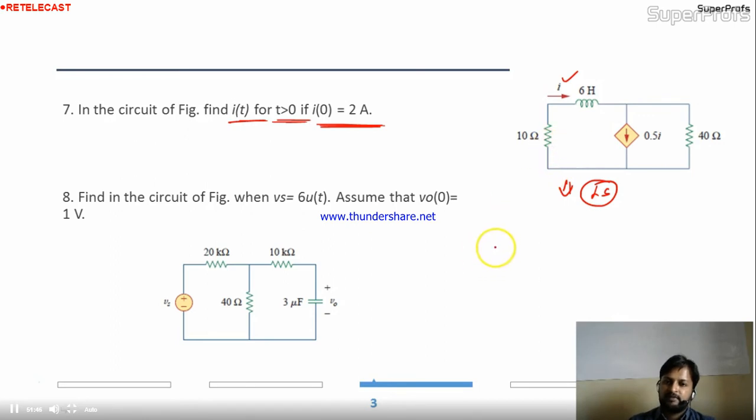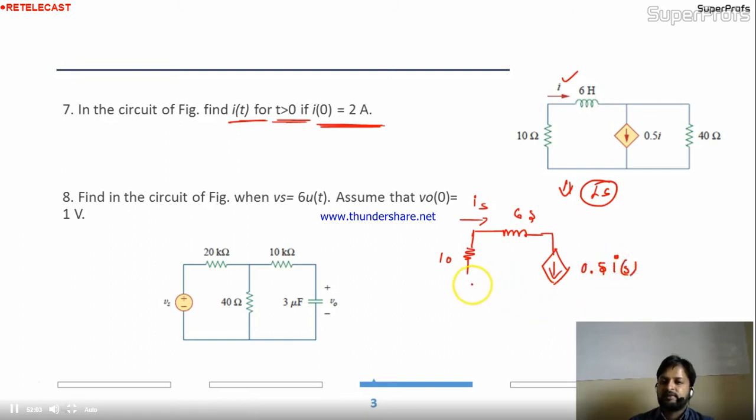I will convert the circuit into the Laplace domain. 10 will be as it is, 10. This will become 6s. The current will become Is. This dependent source will become 0.5 Is. Though this is a numeric value, so divide by s also.